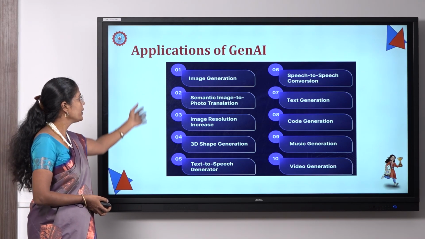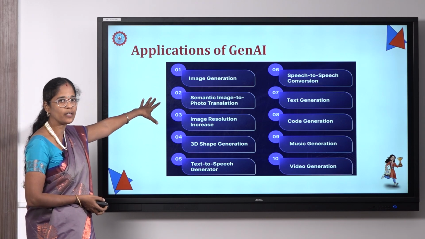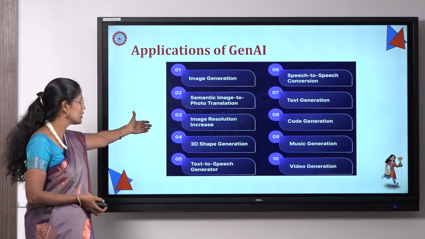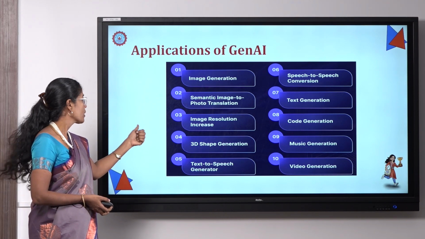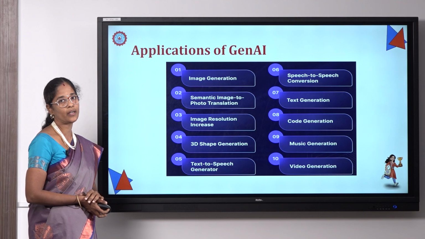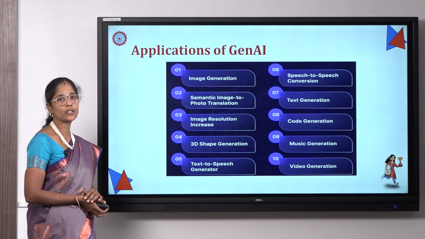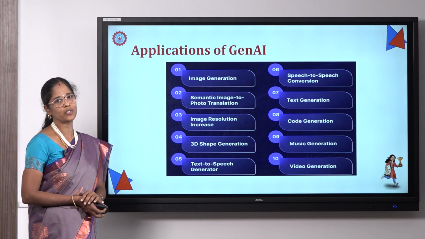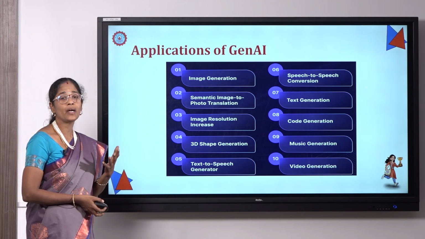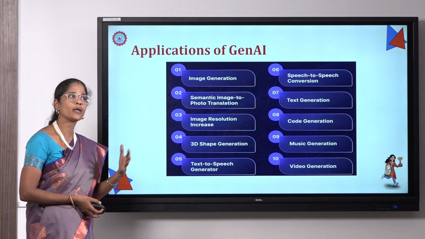So, the applications are segregated here: it can be image generation, or photo translation, or image resolution, or 3D shape generation, then text to speech generator, speech to speech conversion, text generation. Very interesting is code generation. These days as computer science professionals, or as students, we wish to do a bigger project and we might be searching across web pages.